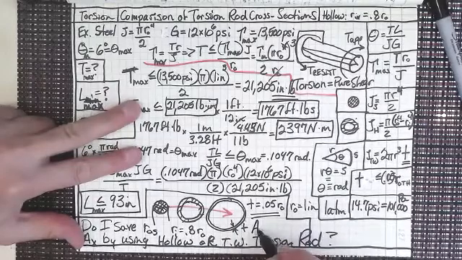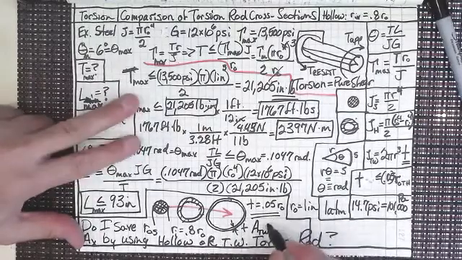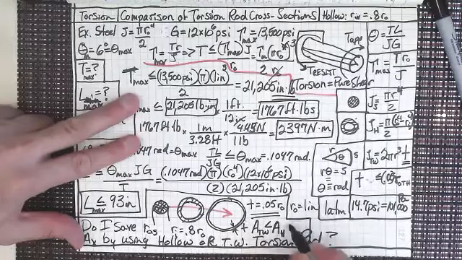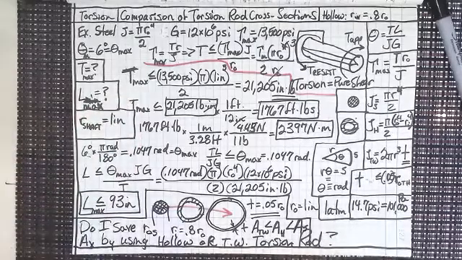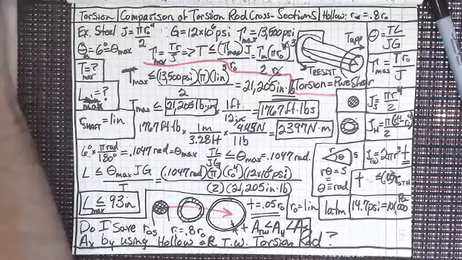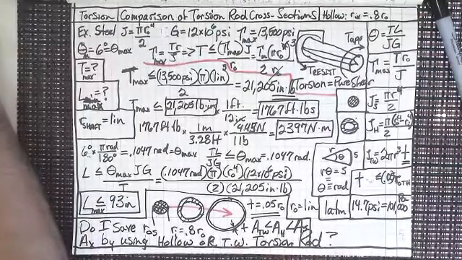So the cross-sectional area of the thin wall is going to be less than the cross-sectional area of the hollow, is going to be less than the cross-sectional area of the solid. And so that saves material costs, and doing the same thing with less, isn't that what all manufacturing really is about, to do the same things with less and more productivity?